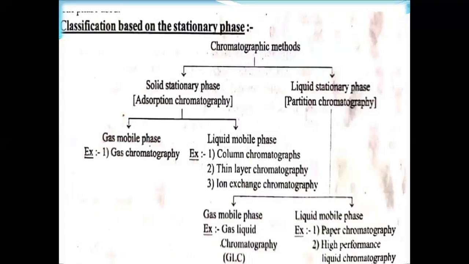Now, let us see the classification based on the stationary phase. So, the chromatographic methods are classified either on the basis of the stationary phase used or the mobile phase used.